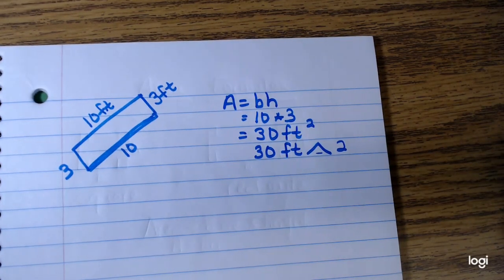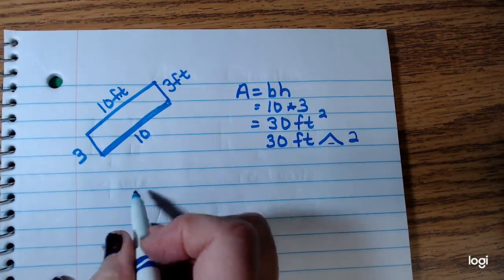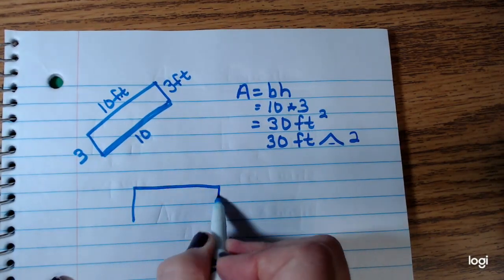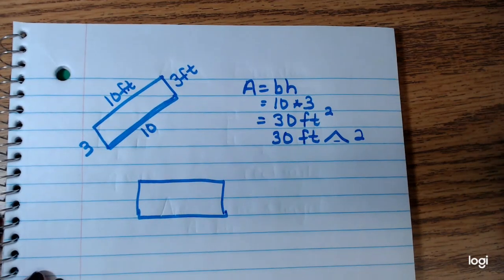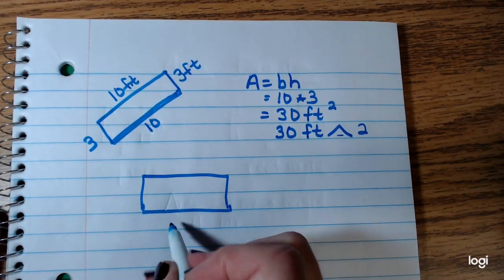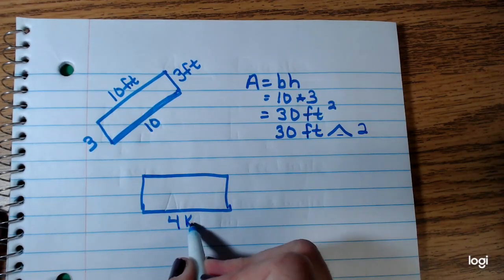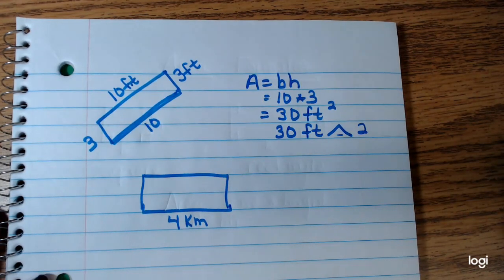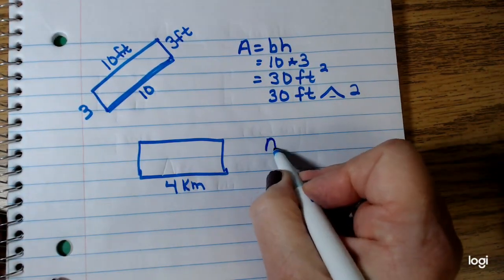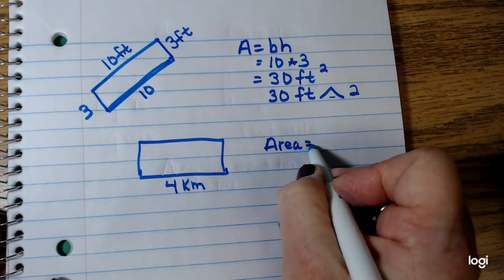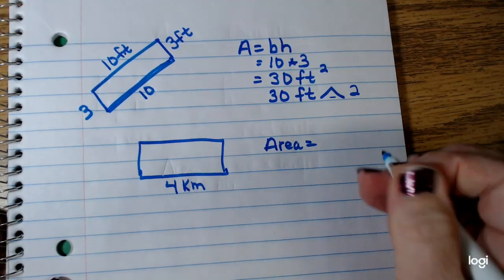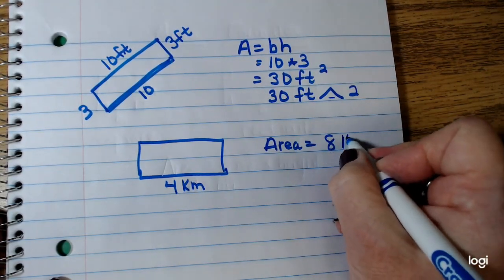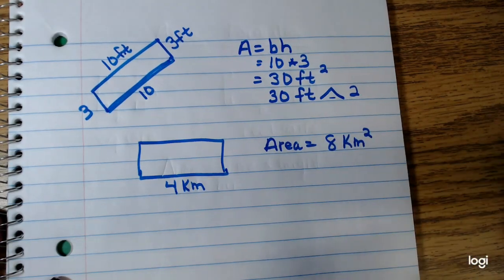Well, what would happen, though, if I gave you a rectangle, and it looked like this? Go ahead and draw it in your notes. And I said, this is 4 kilometers. And I'm going to tell you that the area of this rectangle is 8 kilometers squared.